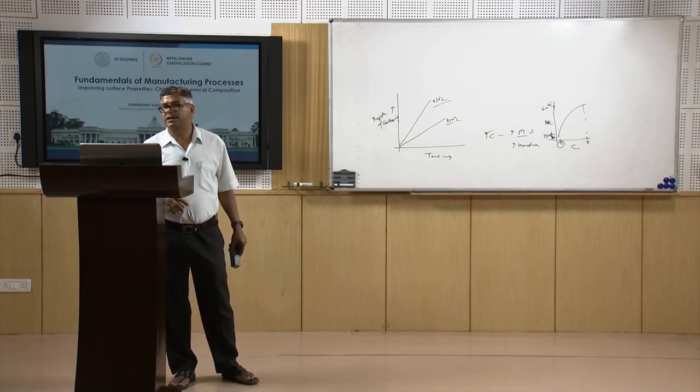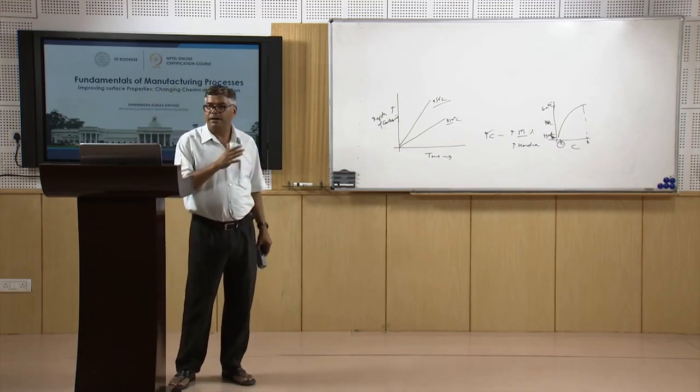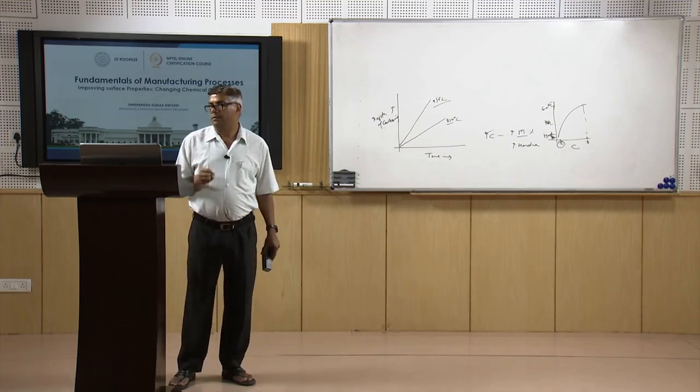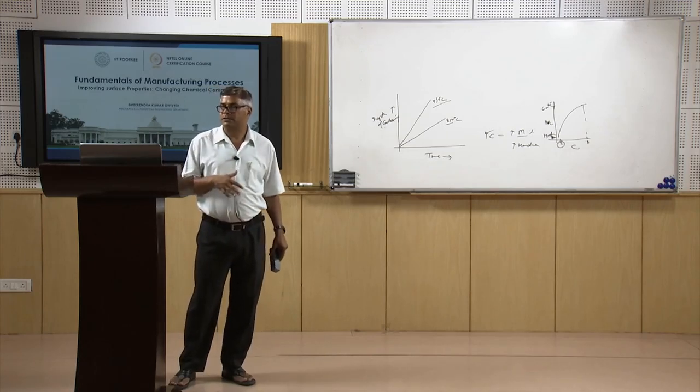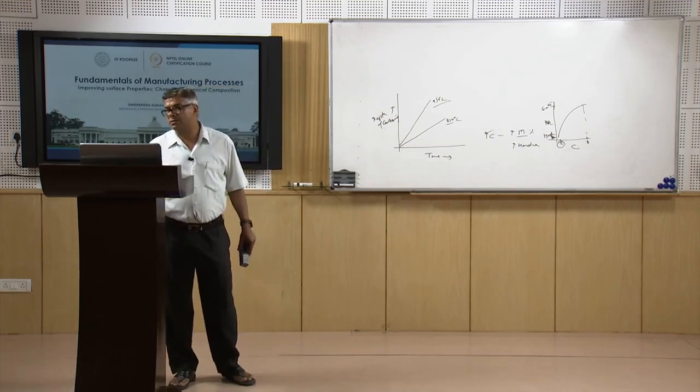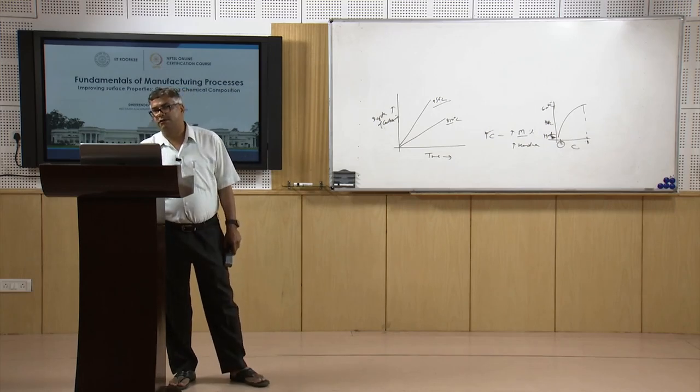So liquid carburizing allows heating in one go, followed by quenching to achieve the desired hardness, while in solid carburizing we need to do the heating twice, first for carburizing and second for hardening.